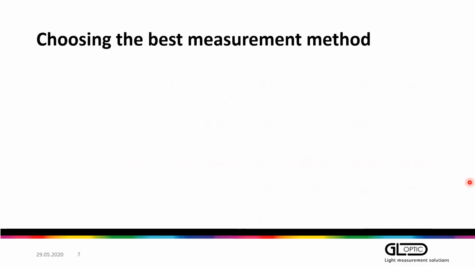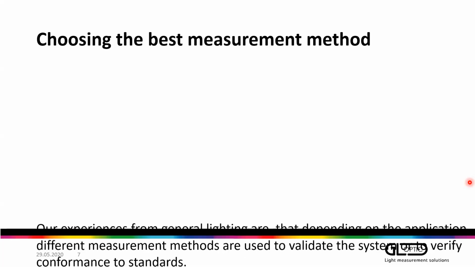Now, we have to understand that UV is similar to visible light in some sense, but there are some other considerations that we have to observe, and we are supposed to choose the best method.